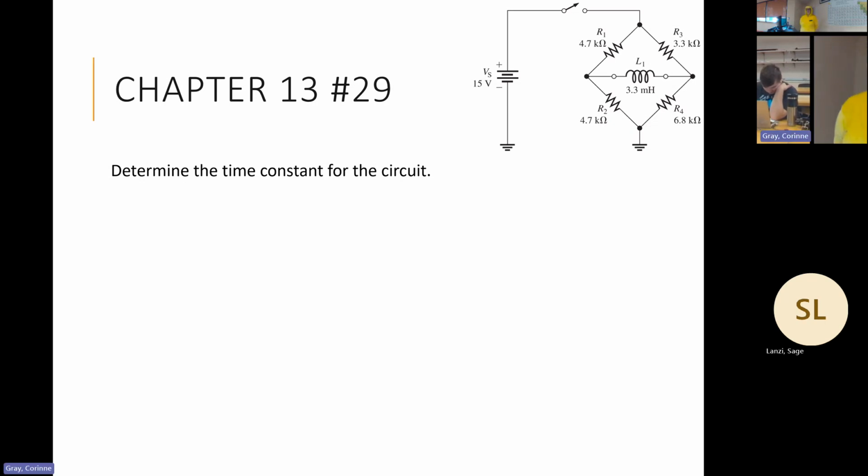The question is, how do we take all these resistors and put them into a single resistance value? Because in this case, tau is going to be inductance divided by RT. So how do we find RT?